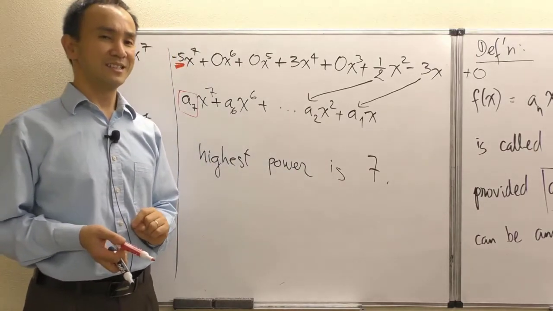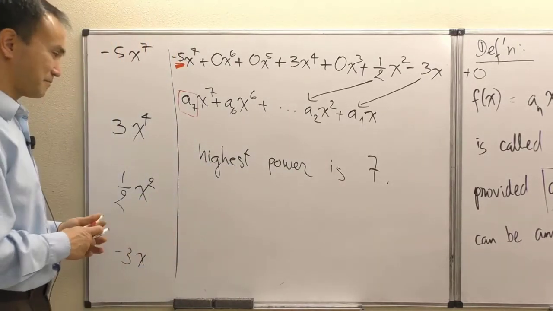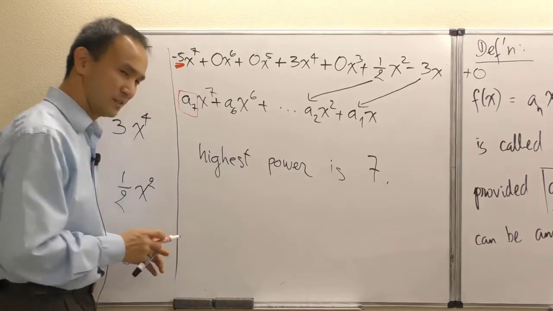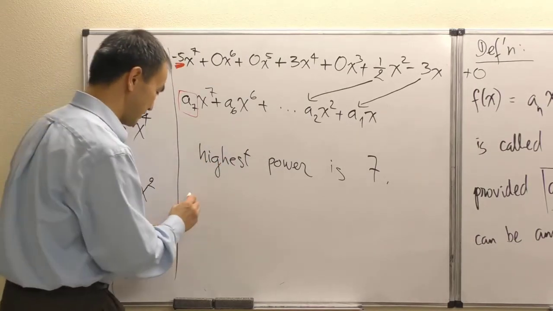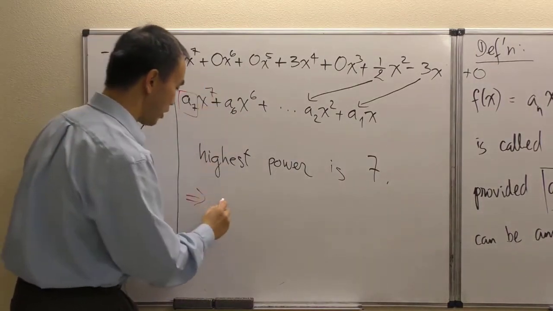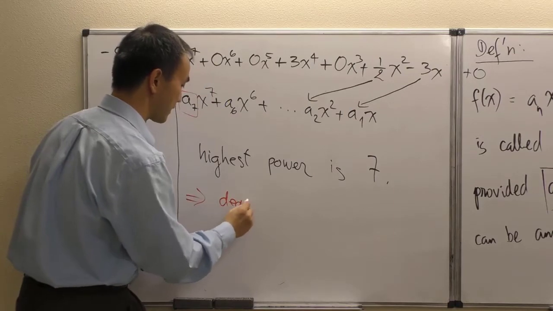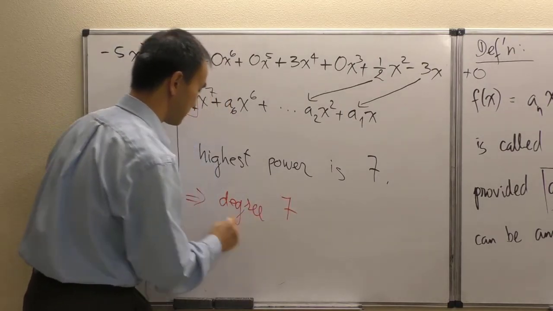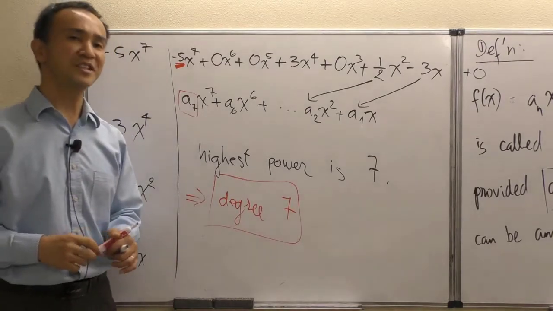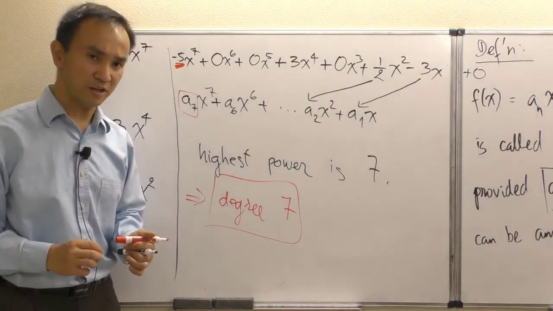All right, so now let's get clear with that term I used on the other board, the degree. So in this way, this is a polynomial of degree 7. This polynomial over here. All right, so now we have a clear understanding of what a degree means.